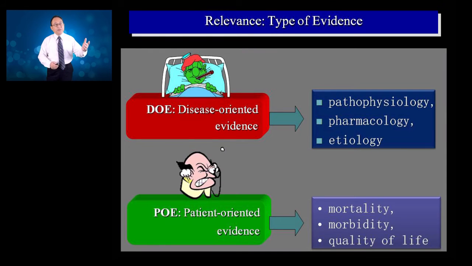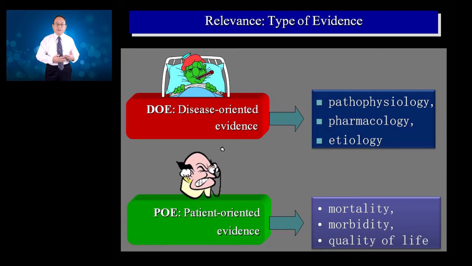In the past, we did the evidence with DOE, or disease-oriented evidence. Everything must be related to the pathophysiology, pharmacology, etiology. But right now, we move to the POE, or patients-oriented evidence, in which when you decide to give a treatment, it must be considered that, will it improve the quality of life of the patients?